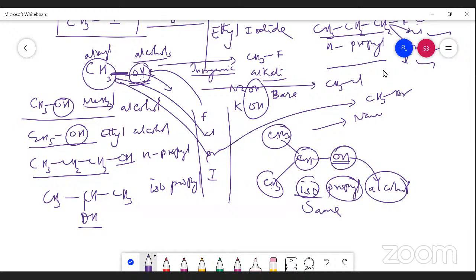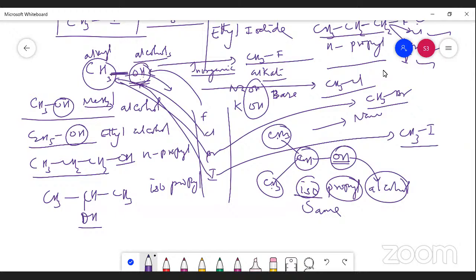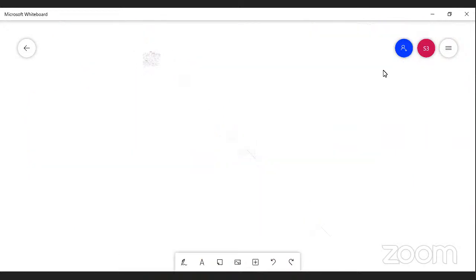The OH is replaced by iodine. Now the compound is called CH3I. That is methyl fluoride, methyl chloride, methyl bromide, methyl iodide. So it is an easy method to prepare the alkyl halides from alcohols. It's a simple concept. Next we are going to see here.